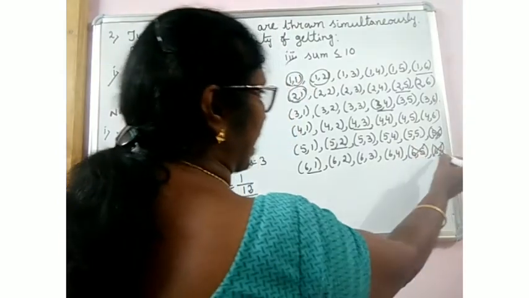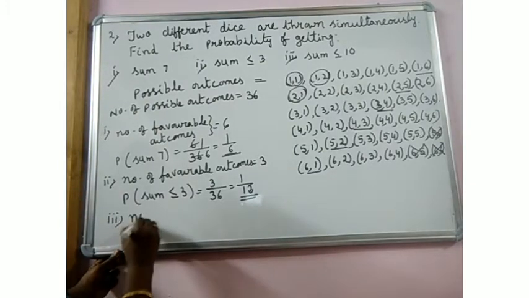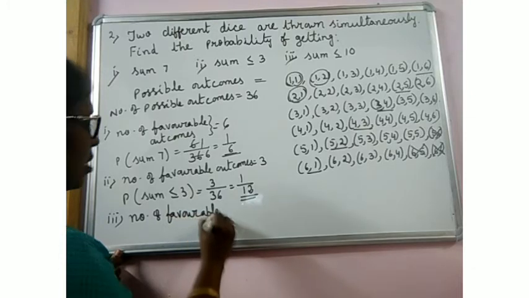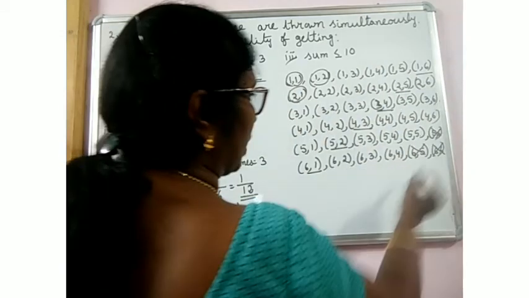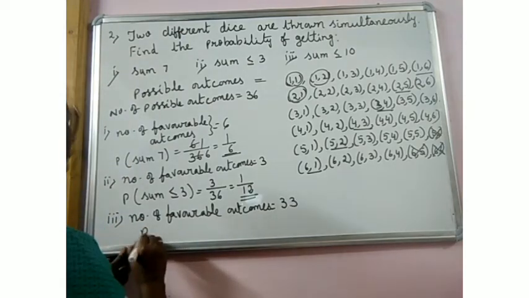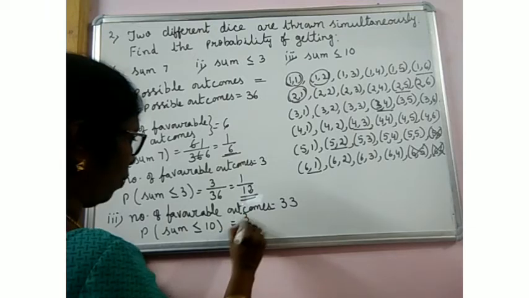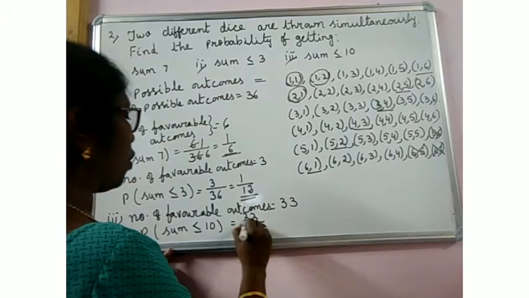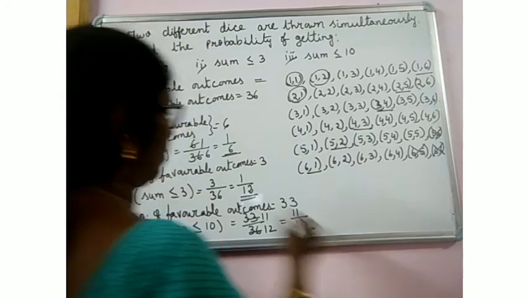So leaving these 3, the rest all are favorable. So the number of favorable outcomes, out of 36, if you cancel these 3, is 33. So the probability of getting a sum less than or equal to 10 is 33 by 36. When you simplify, 3 elevens are 33, 3 twelves are 36, so 11 by 12.